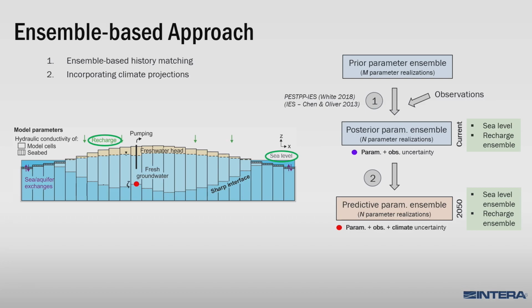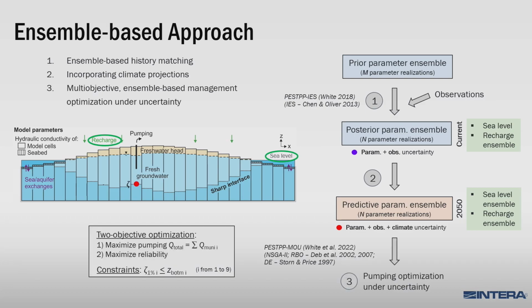And so running the model through the predictive parameter ensemble gives an ensemble of predictions that convey parameter, observation, but also climate uncertainty. And finally, we use these ensembles to conduct multi-objective management optimization under uncertainty.